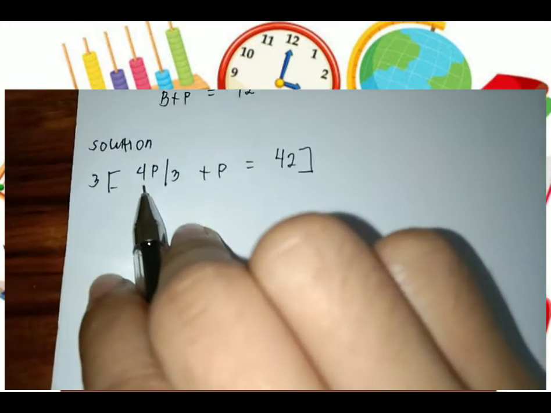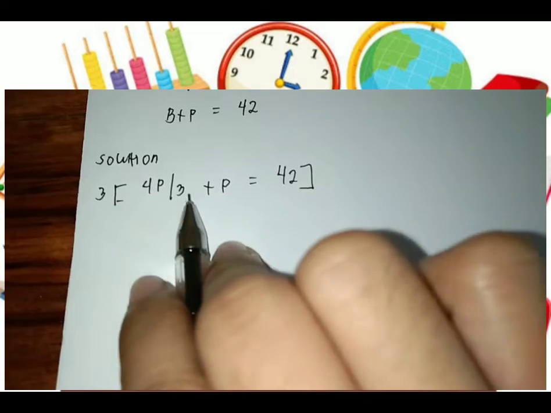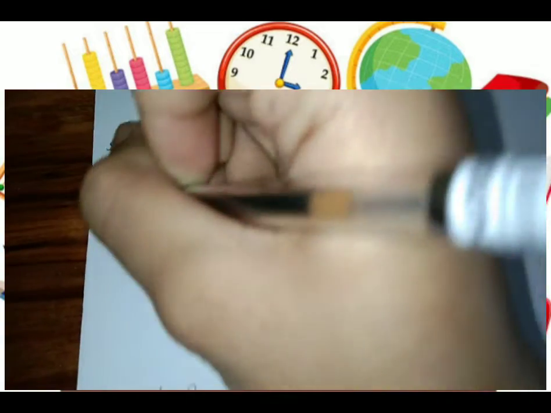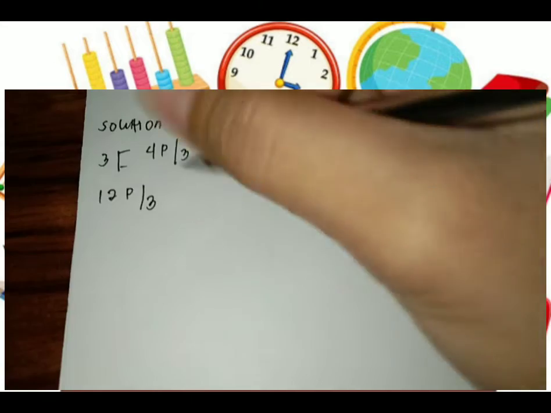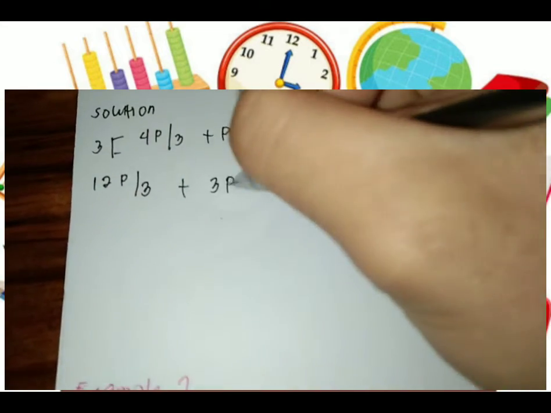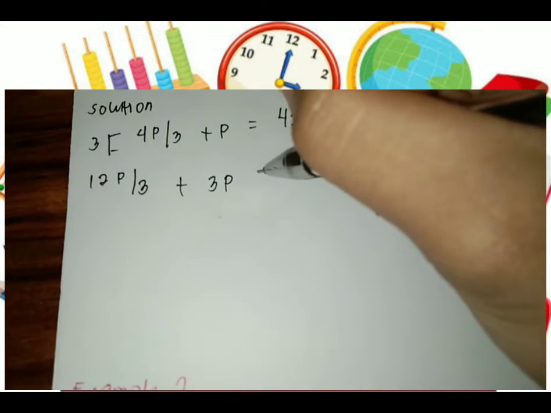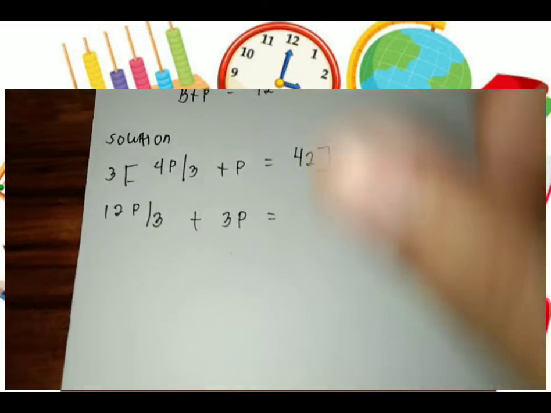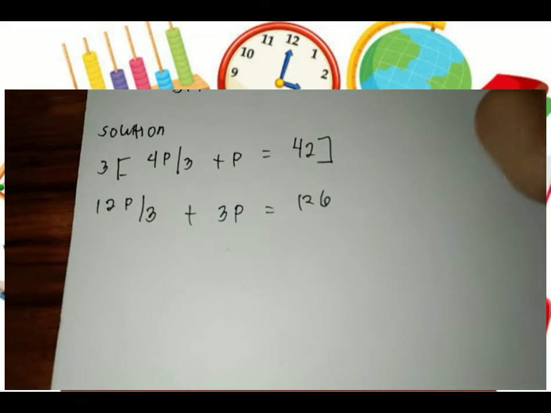So 3 times 4P divided by 3 is 12P divided by 3, plus 3P is equal to 126.